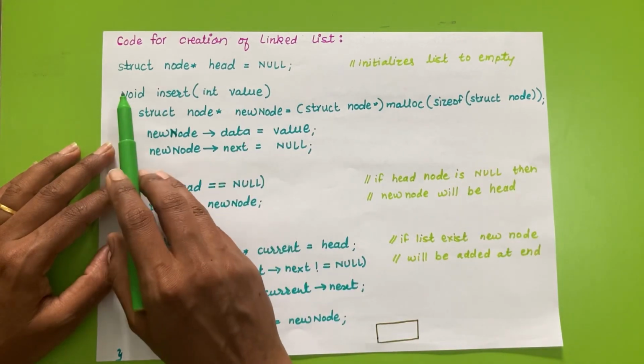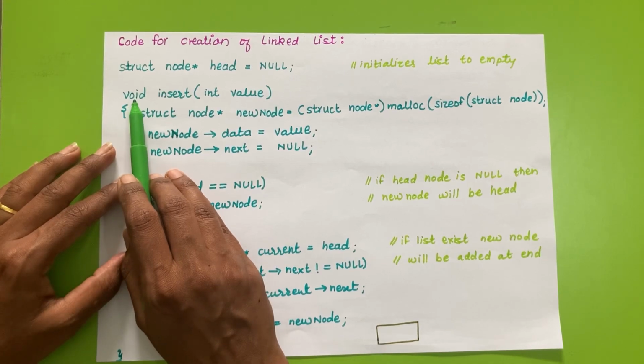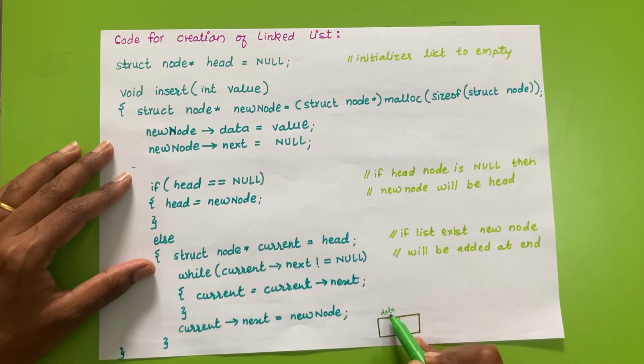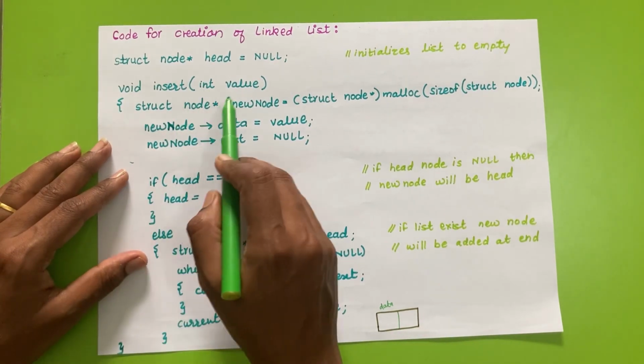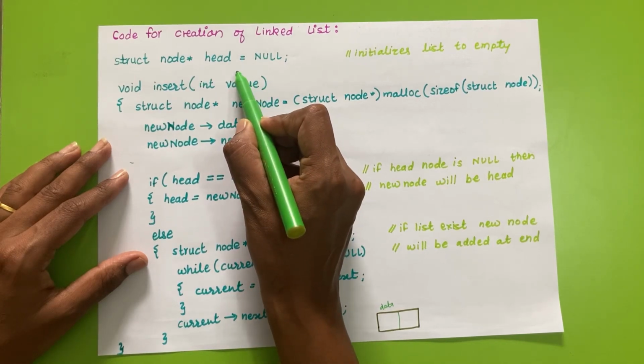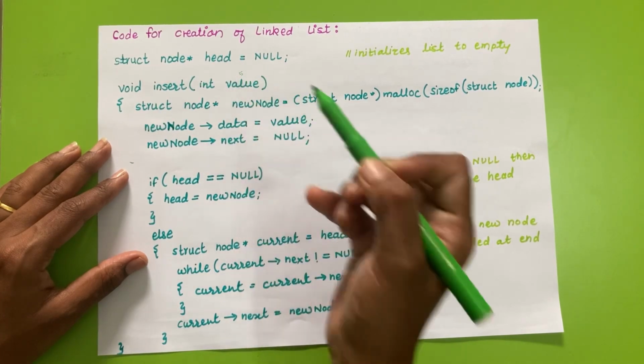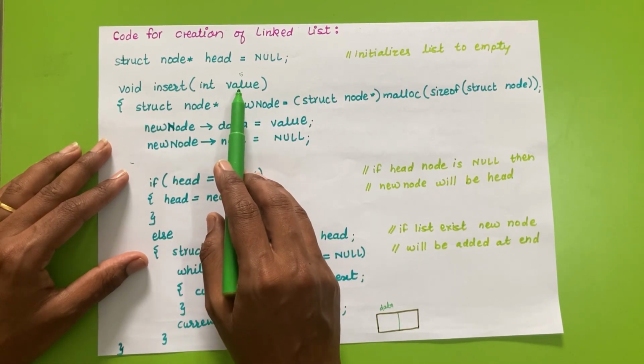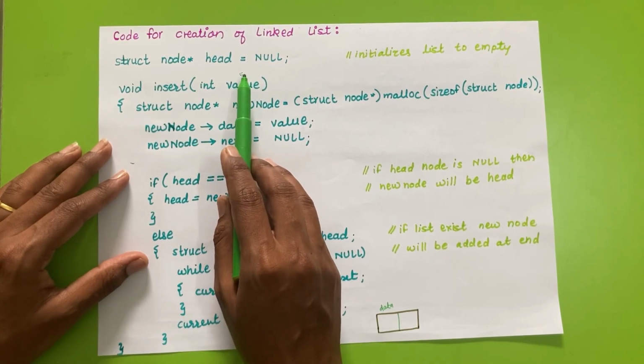The next line is void insert int value, that will be considered as the value for the data part of the single node. Suppose I have first taken value 5. So the value of the variable value is 5.